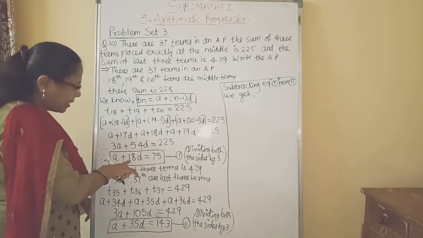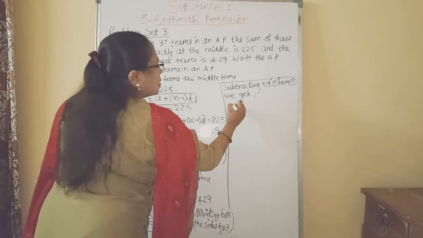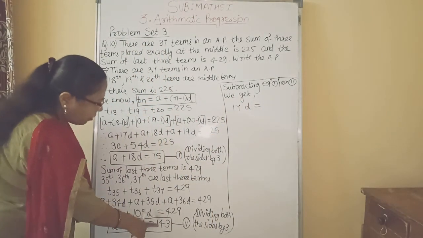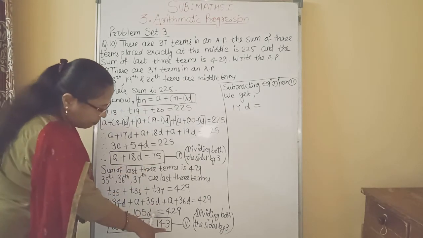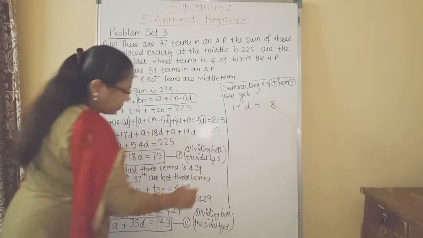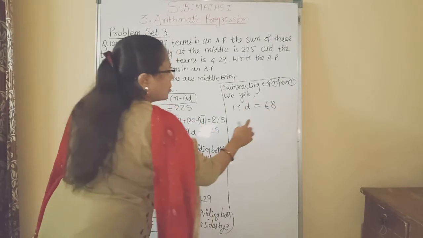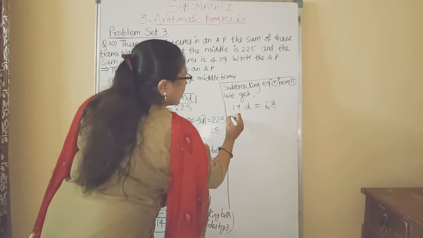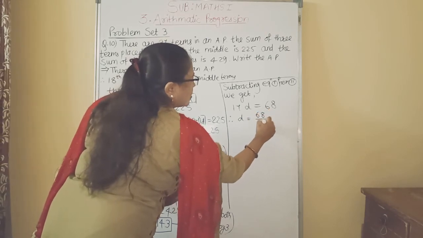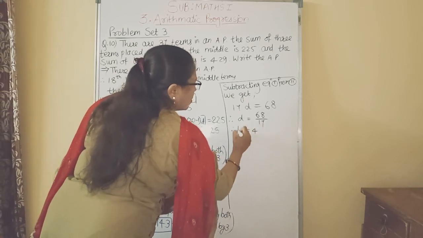Now 35D minus 18D, 35 minus 18, 17D. 143 minus 75: 13 minus 5, 8. Again 13 minus 7, 6. So 68. 17D is equal to 68. Therefore, D is equal to 68 divided by 17. Therefore, D is equal to 4.